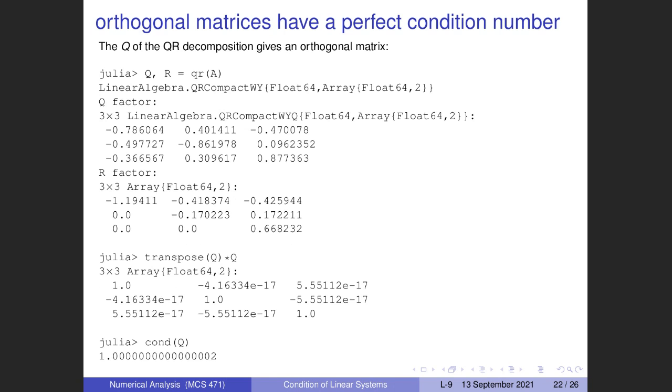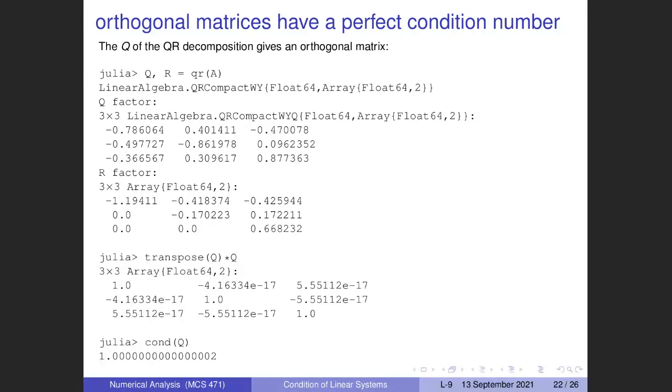What are the best conditioned matrices? Well, these are orthogonal matrices. In a linear algebra course, you may have seen the QR decomposition of a matrix. If not, then don't worry, we will get to the least squares problem in another chapter, and we will actually see algorithms to compute the QR decomposition.